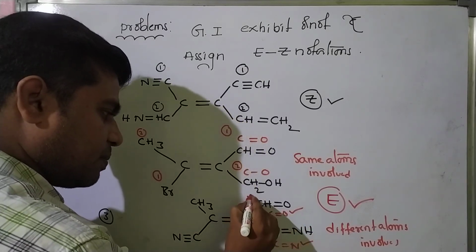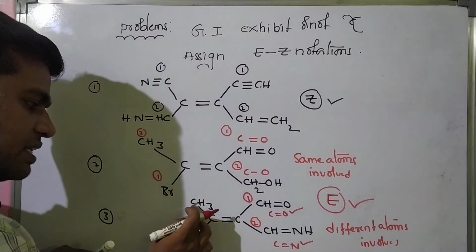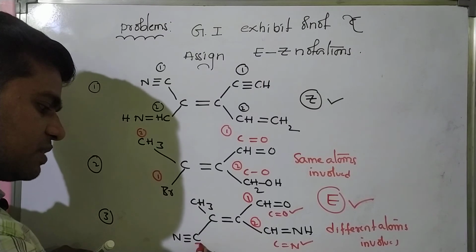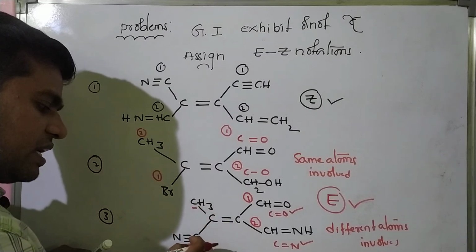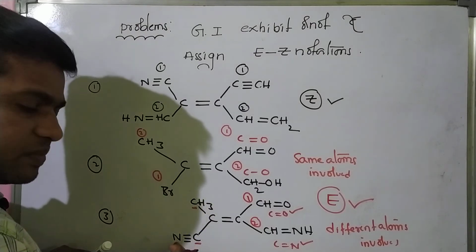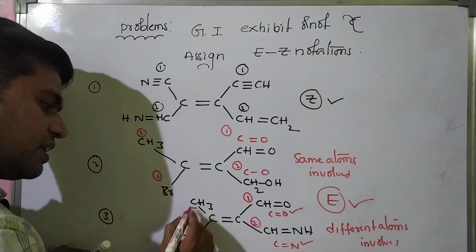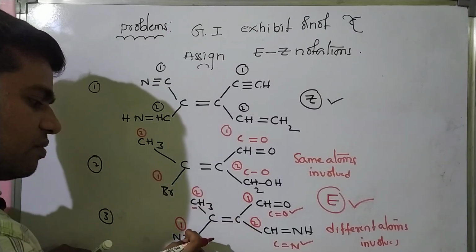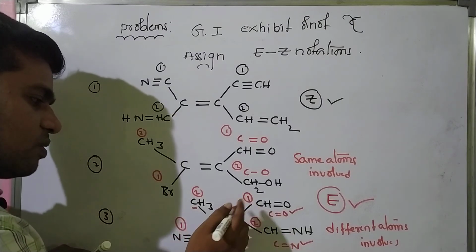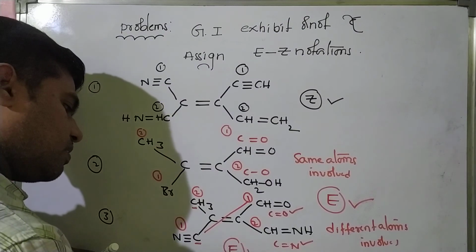So this will get first priority, this will get second. Now here this is carbon, this is carbon. First atoms are same, so immediately we look at the second atom. A second atom is nitrogen, but here second atom is absent. So it will get first priority, this is second. Now first priority groups lie opposite. So this is again E isomer. Please note.